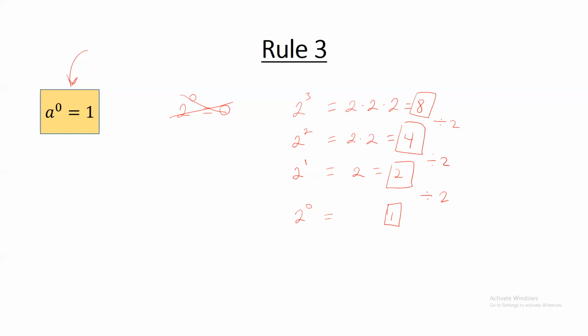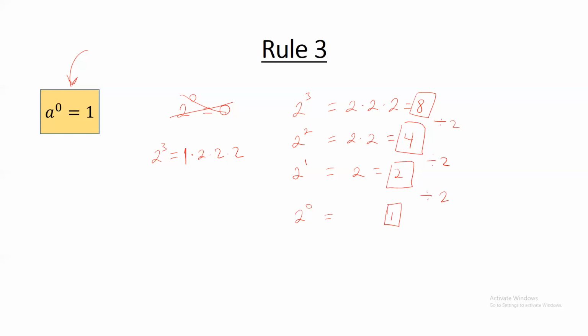There's another way to think about it that maybe makes sense, and that is 2 to the 3rd power. Another way of thinking about it isn't really 2 times 2 times 2. It's 1 times 2 times 2 times 2. What you're doing is you're multiplying 1 by 2, 3 times.